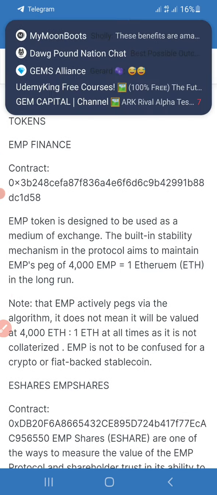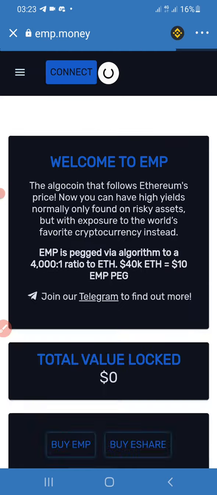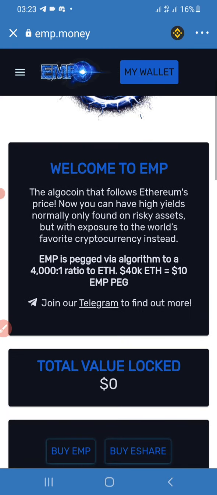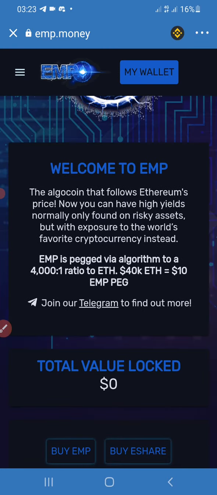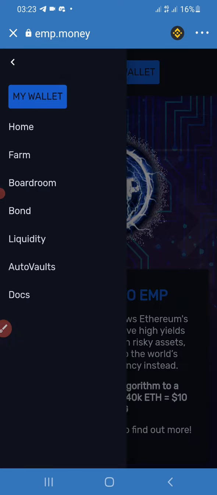At this moment, the token is doing really, really well. That is why you will see something like this on the platform. Because many people are putting in money, I told you, just 3 days, and that is from 2 million, 2 million, 3 million, and currently it's close to 8 million locked.